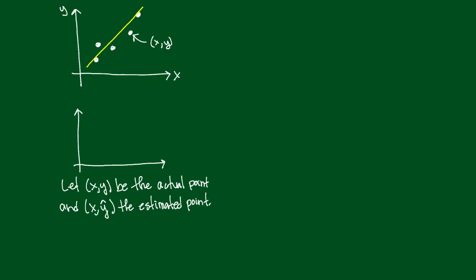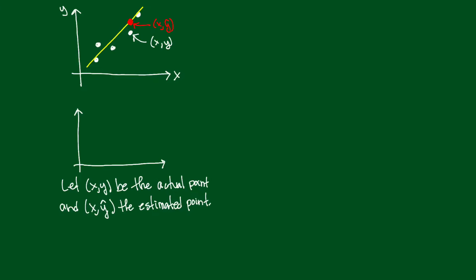I'm missing it. I still have the correct x value, but the y value I'm missing. In this case, I'm too low. So that point right there would be the (x, y hat).